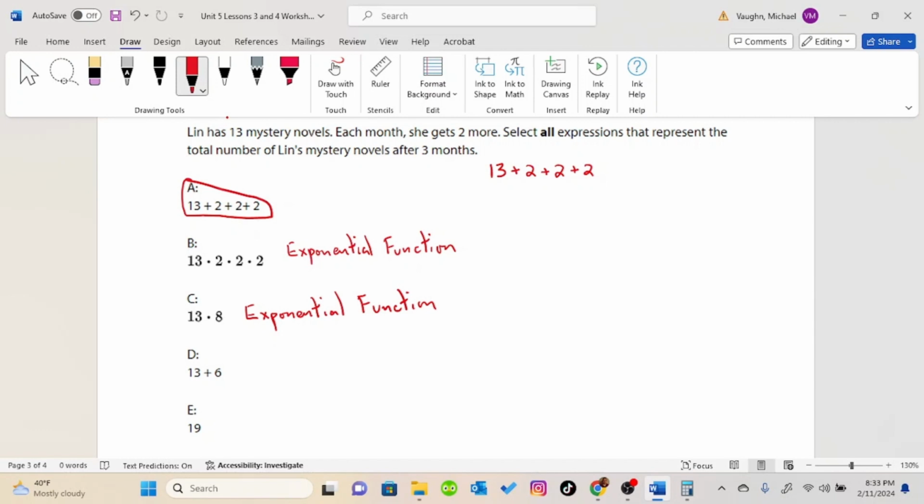Choice D simply adds together 2 plus 2 plus 2 and turns it into 6. So D is also a correct answer. And then E simply adds 13 plus 6 and turns it into 19. So choices A, D, and E are all correct representations of Lynn's mystery novels after 3 months.